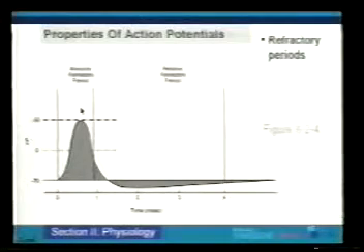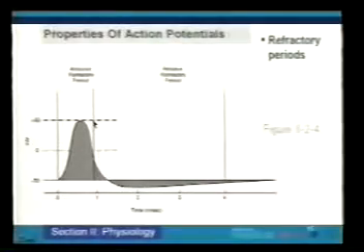So the absolute refractory period is this period in time. And the absolute refractory period is a period where if you give a second stimulus, nothing happens. So if you give a second stimulus in this period here, nothing happens. You do not get a second action potential.